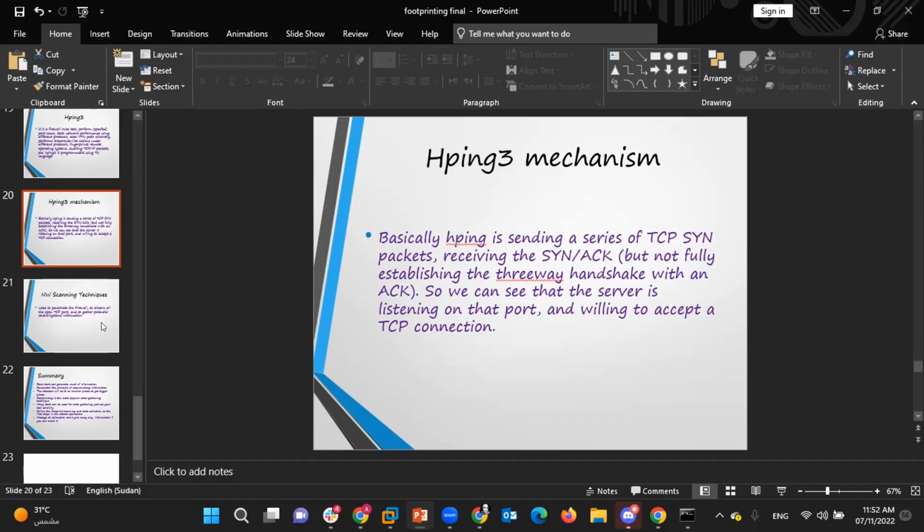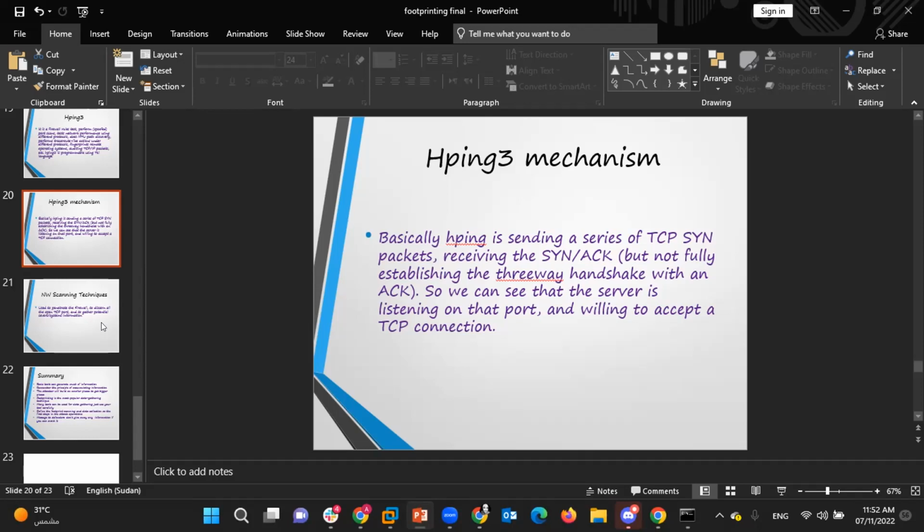When he has collected all the information to access this server, the operating system, its weaknesses, and the credentials such as hashes, passwords or cracked passwords, then he can use HPing to get access to this server.